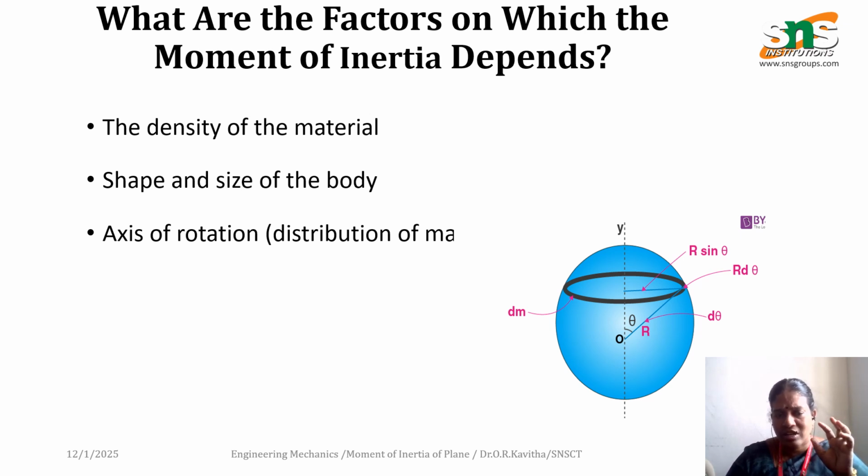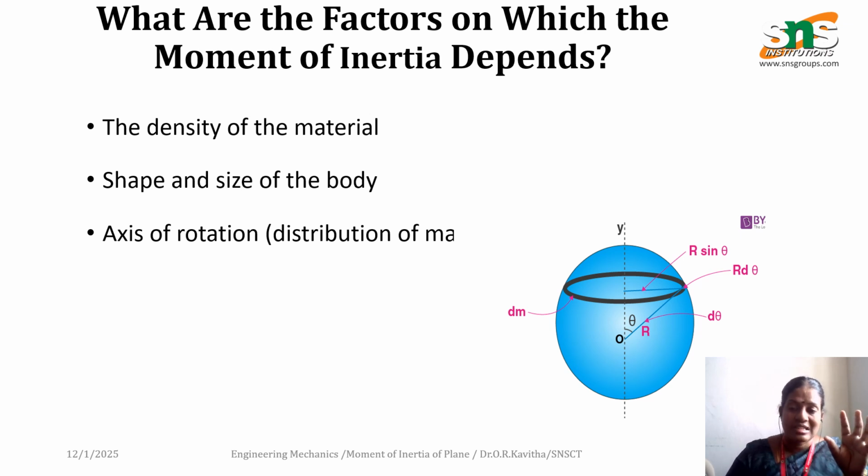So what are the important factors affecting the moment of inertia? The first important thing is the density. If the density of the material is the same in a composite section, there won't be any change. For example, for an I section or T section, if the density of the components, that is flange and web, is the same, then it is very easy to calculate the moment of inertia.